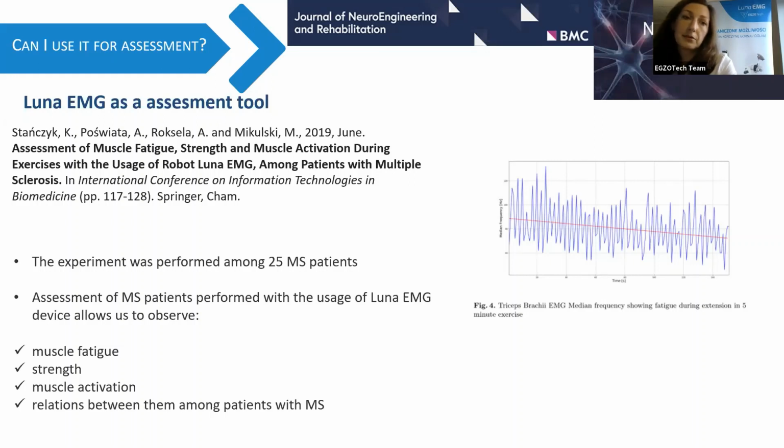The experiment was performed among 25 MS patients, and the assessment was performed with Luna EMG. Here we observed the muscle fatigue, the strength, the muscle activation, and relations between them among patients with MS. So here Luna was basically a diagnostic tool.